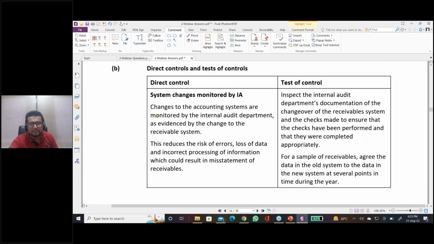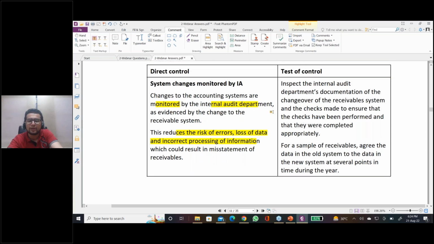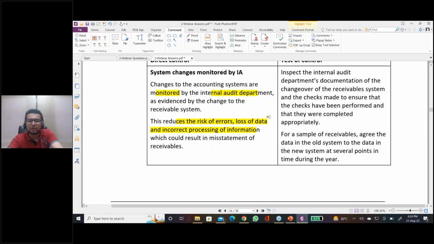Changes to the accounting systems are monitored by the internal audit department as evidenced by the change to the receivable system. This reduces the risk of errors, loss of data, or incorrect processing of information, which could lead to material misstatement. So the internal audit department would perform the check and balance, and that will lead to reduced risk of frauds or errors, and that reduces the risk of material misstatement, especially with respect to the receivable balance. What about the test of control?